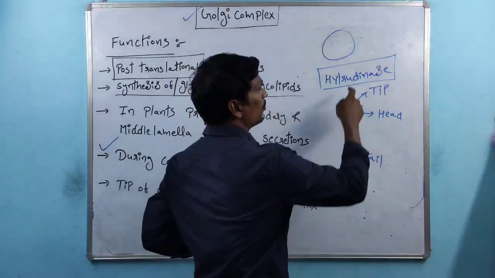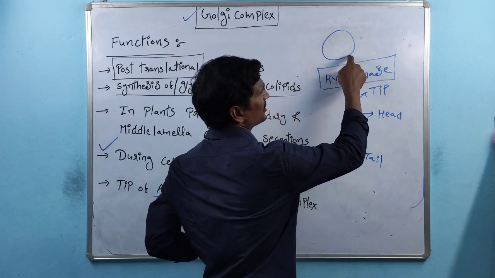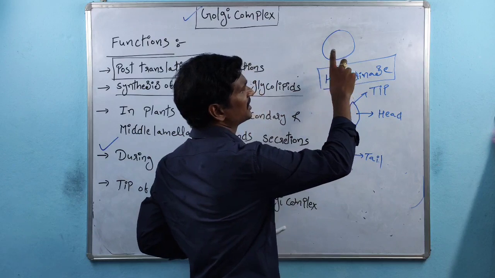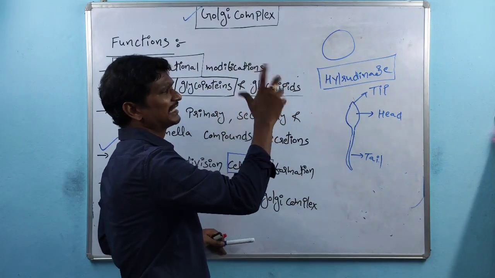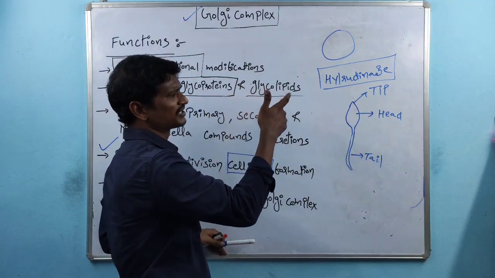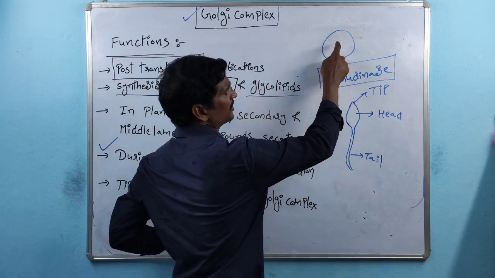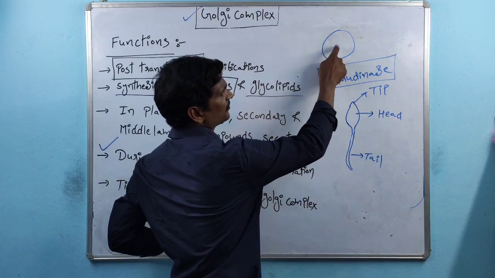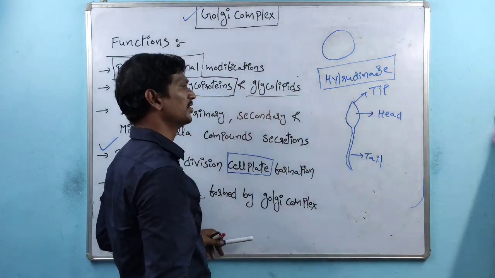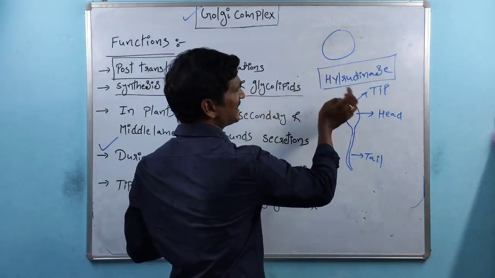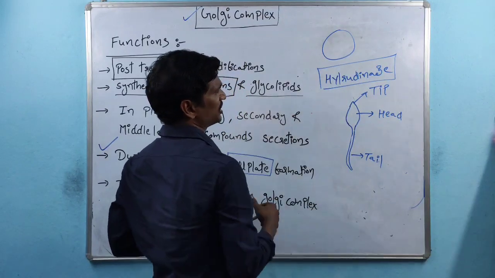Because of that enzyme, the membrane structure of the ova is degraded. Once the membrane structure is degraded, the nucleus of the sperm cell fuses with the nucleus of the ova.